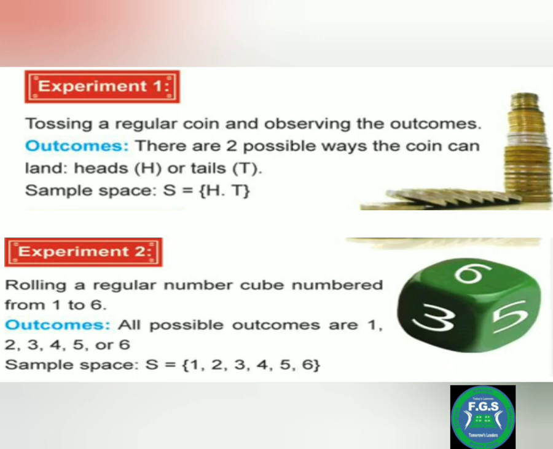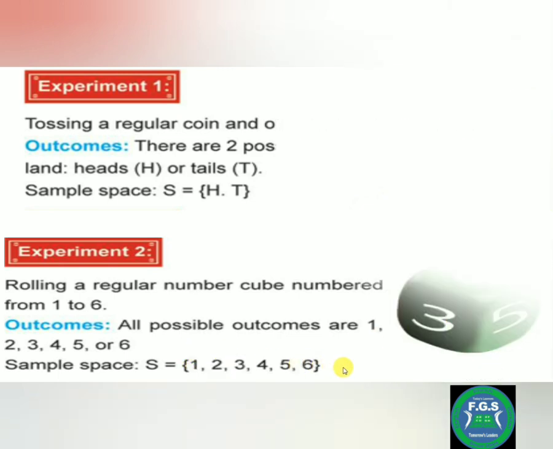Rolling a regular number cube numbered from 1 to 6. The possible outcomes are 1, 2, 3, 4, 5, 6. The sample space equals 1, 2, 3, 4, 5, 6.